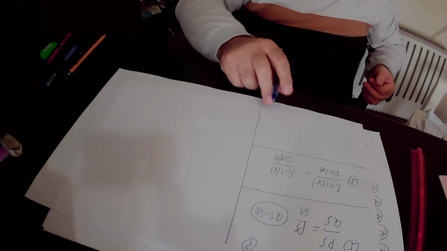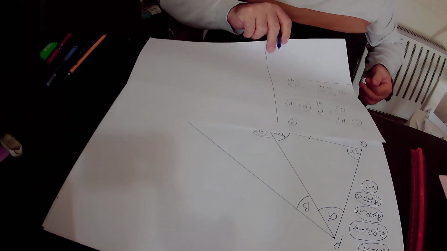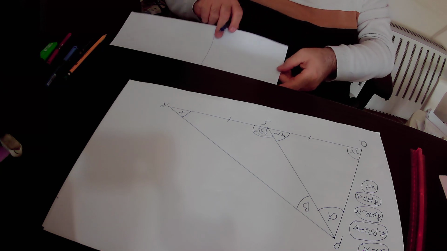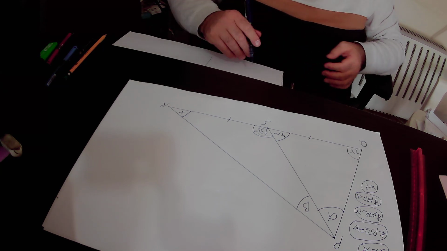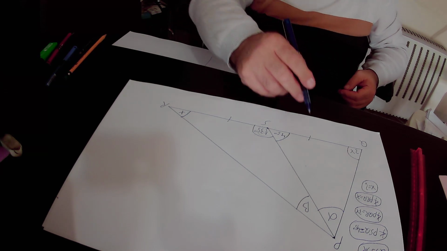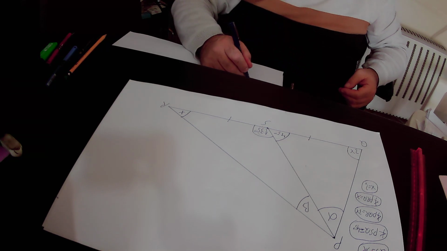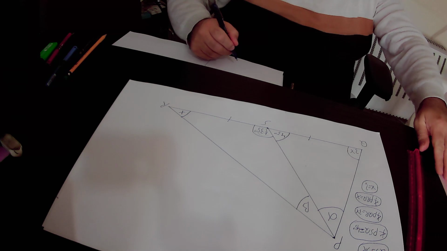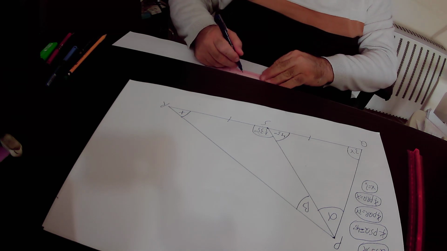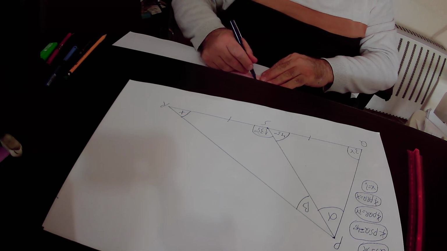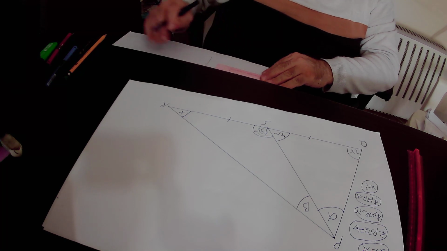And we know that the sum of the angles in any triangle is equal to 180 degrees. That is to say, in triangle PQS, the sum of the angles is equal to 180 degrees.